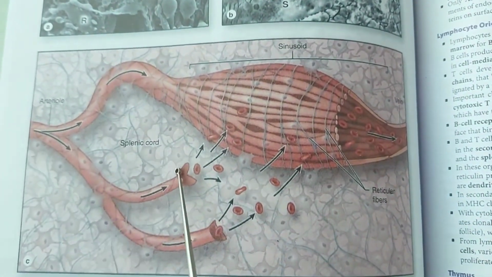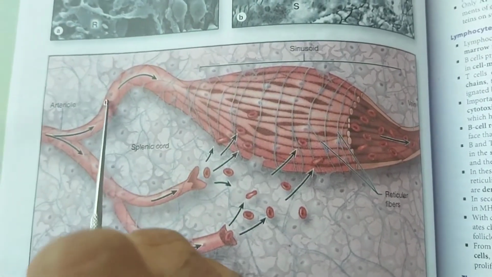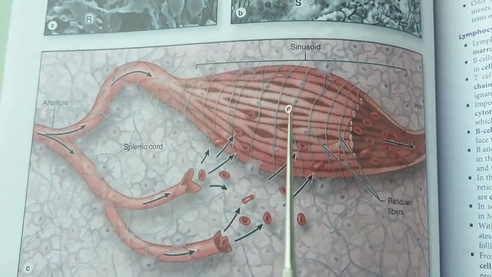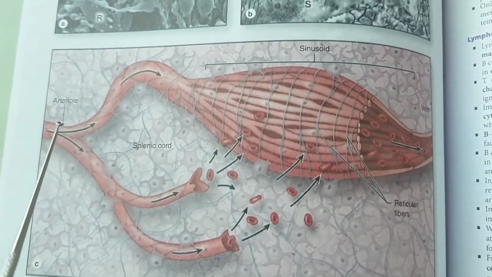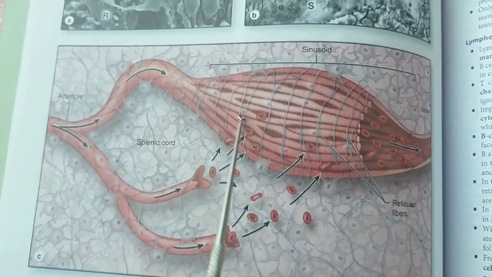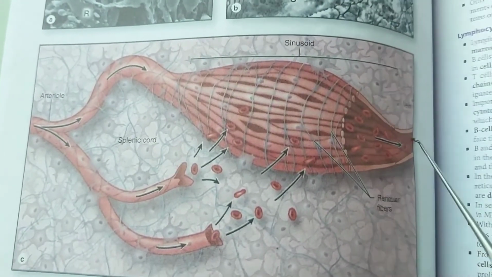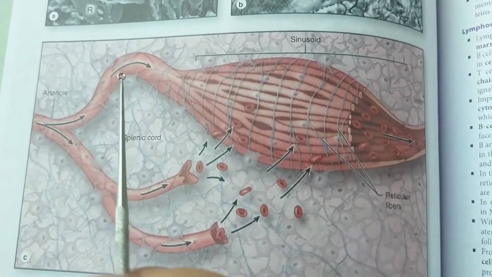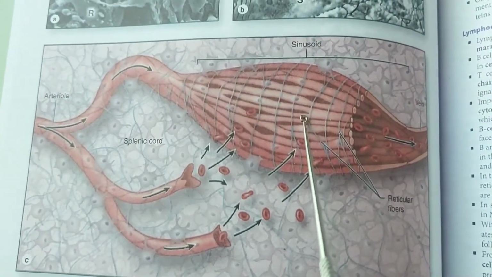Some arterioles are open ended here, and some arterioles are continuous with this sinusoid. When blood comes to this arteriole, it passes through these sinusoids, and finally moves to the vein. This is the closed circulation of the blood within the spleen.